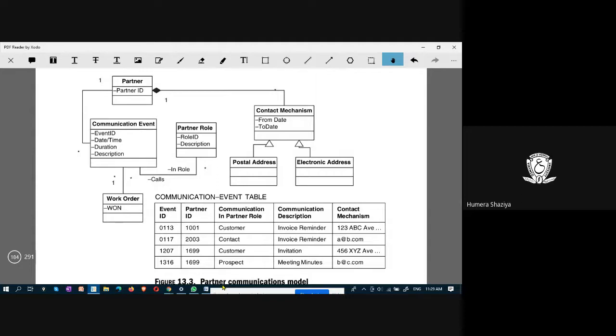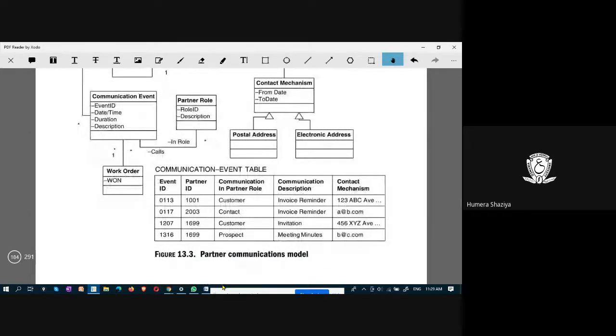These are communication event tables. And these are the classes that will keep track of how a partner communicates with another partner.